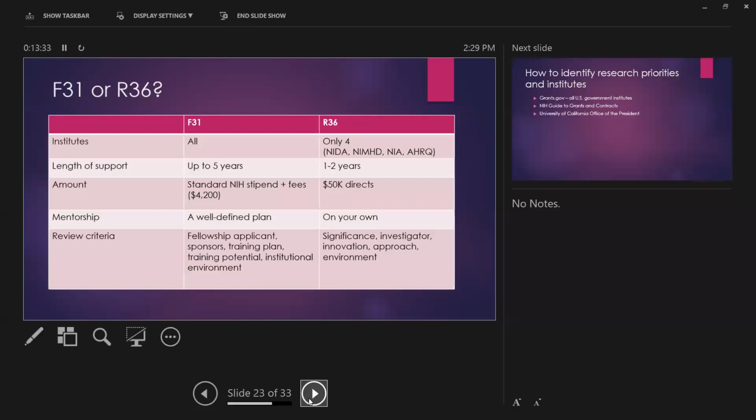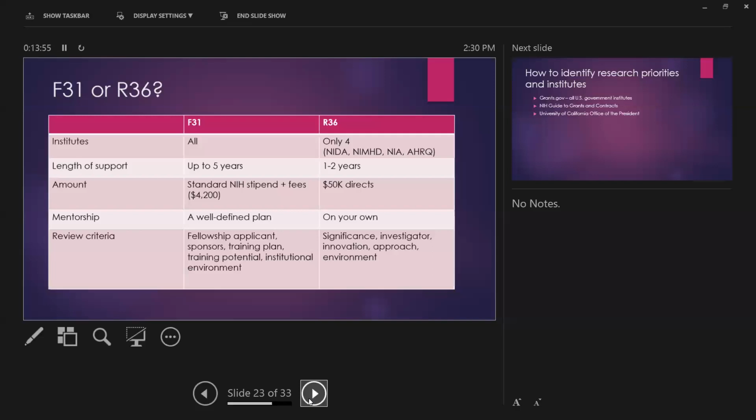They both have to be good. For the R36, the review criteria are basically just like an R grant. It's the significance of your research, the innovation of your research, the approach, how good you are as an investigator, and your environment. So it's less about training and your mentors and more about just you.